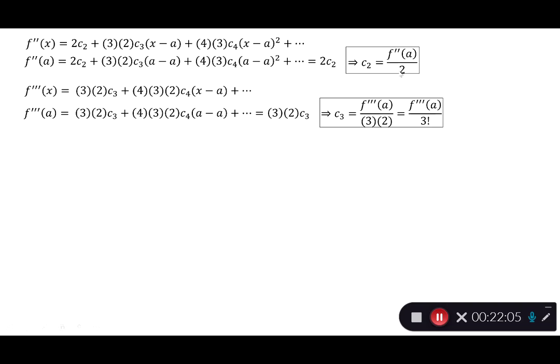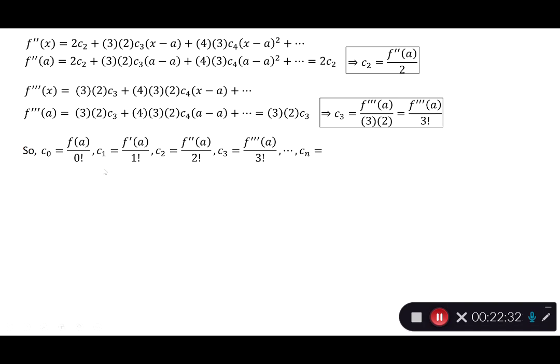Well, was the previous one 2 factorial? Yeah, it is. 2 times 1, right? And so, what did we find? c sub 0 was f of a, right? What's up with my writing f of a over 0 factorial? How can I divide by 0?